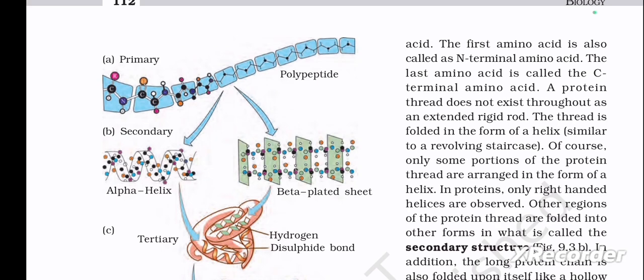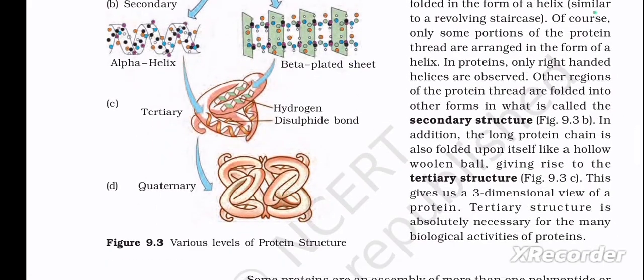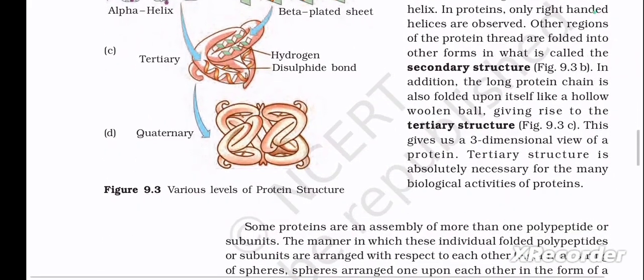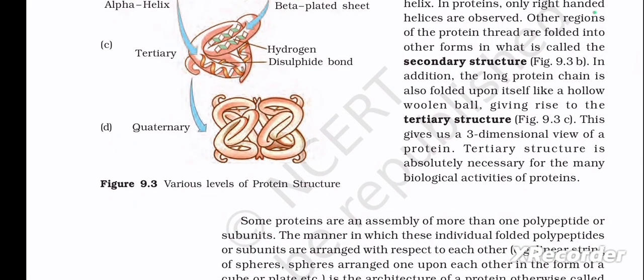Other regions of the protein thread are folded into other forms in what is called the secondary structures, figure 9.3b. In addition, the long protein chain is also folded upon itself like a hollow woolen ball, giving rise to a tertiary structure, figure 9.3c. This gives us a three-dimensional view of a protein.